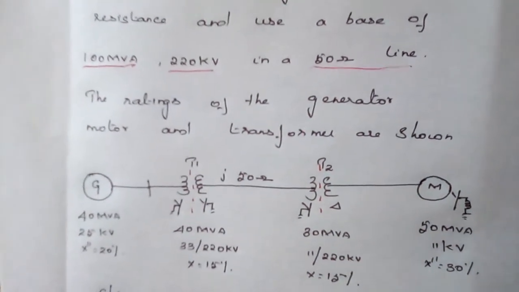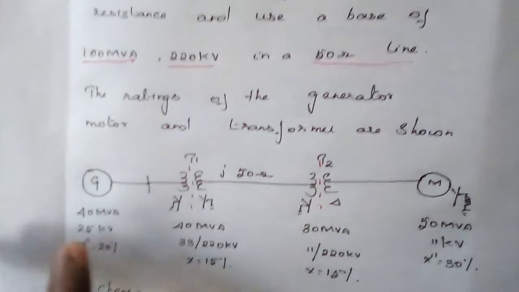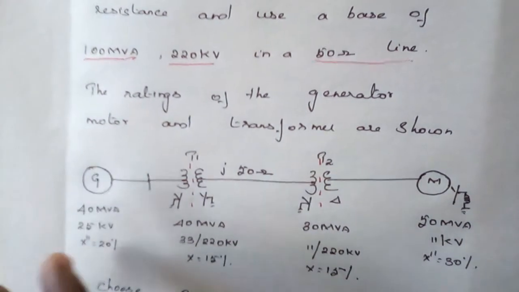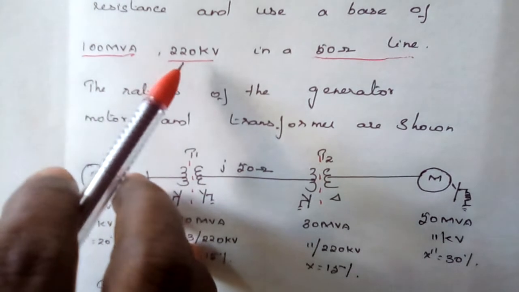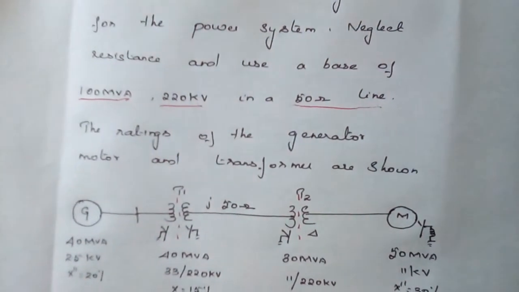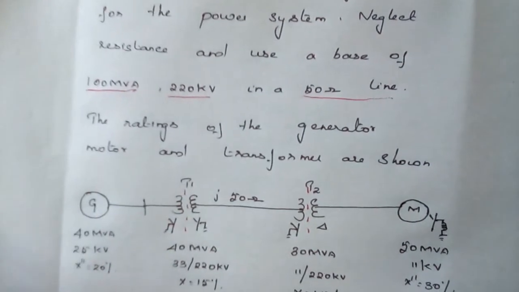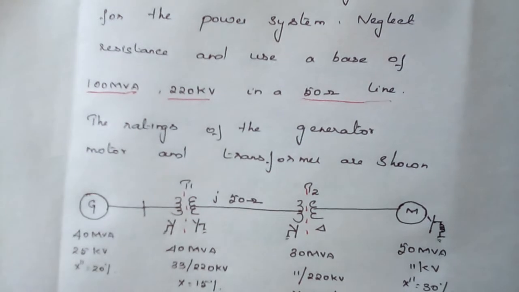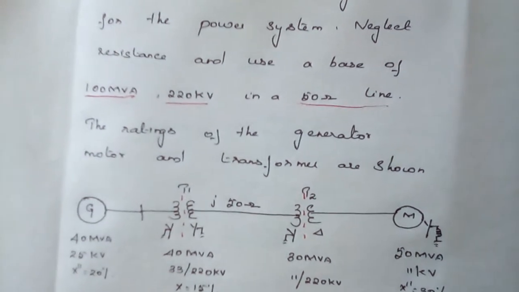While sectionalizing, we come to know that three different kV values are there, and the kV value for the transmission line is given as 220 kV. Right? Step one is choosing the base MVA and kV value, and step two is sectionalizing.